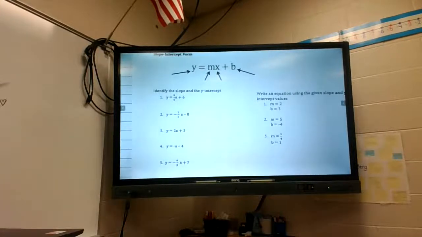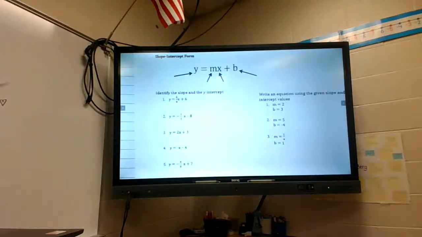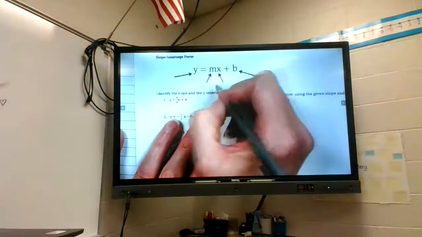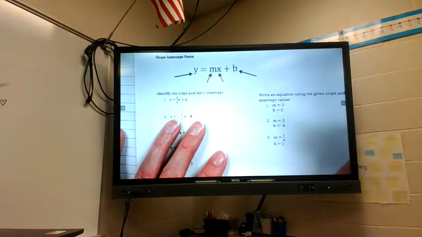Slope intercept form. When we look at our slope intercept form for our linear equations, we have y is equal to mx plus b. We talked about that yesterday, right? What represents the m? Courtney. The slope.